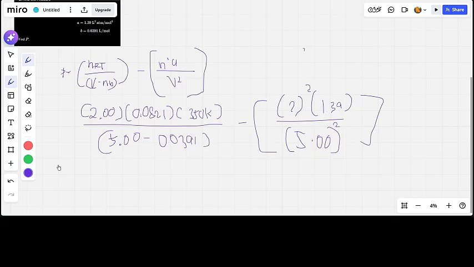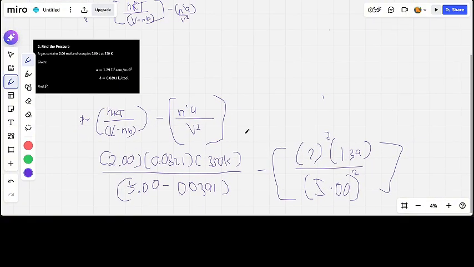Two squared times 1.39 divided by 5 squared.